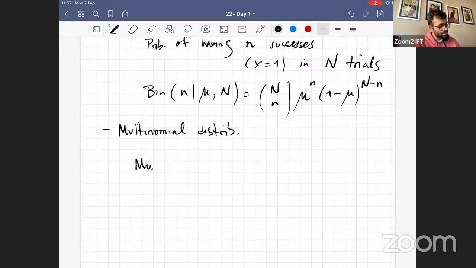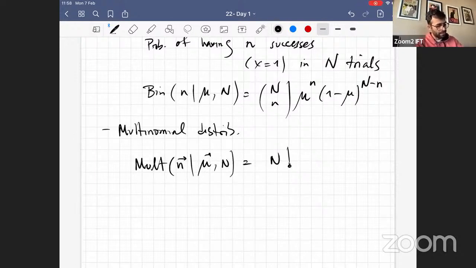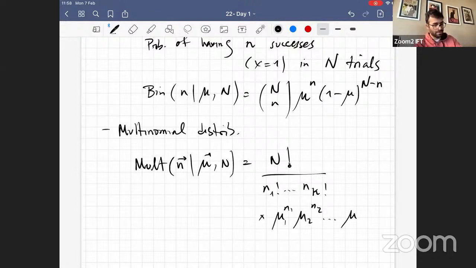And the multinomial distribution is then characterizing this vector of n, because you are now describing successes of all the classes given by these parameters, and this is just factorial of N over n1 factorial, etc., nk factorial, times mu1 to the n1, mu2 to the n2, etc., muk to the nk.